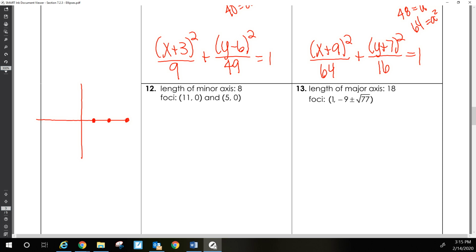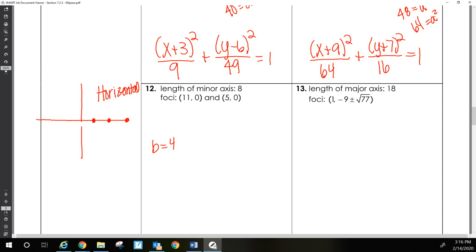But what's most important is this is also going to be on my major axis, and since this is horizontal, my overall ellipse is going to be horizontal, which means the length of my minor axis, which is 8, half of that is going to be my b value, which is 4, and it's going to go under my y's.